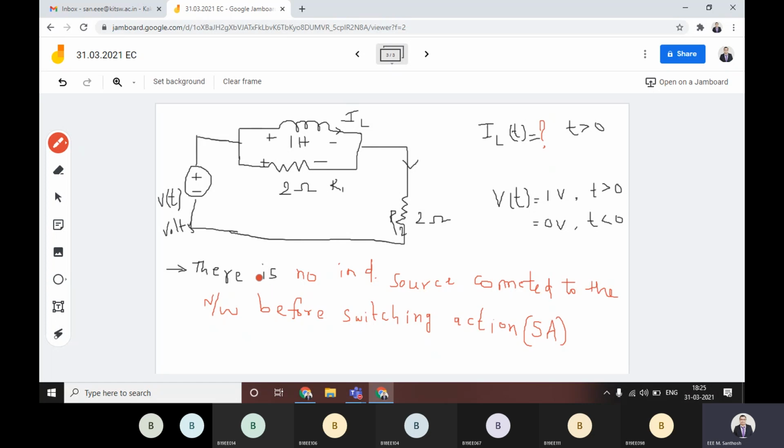If you want to calculate the initial value, what is the current here in the initial case? Can anyone tell us? IL of 0 minus.